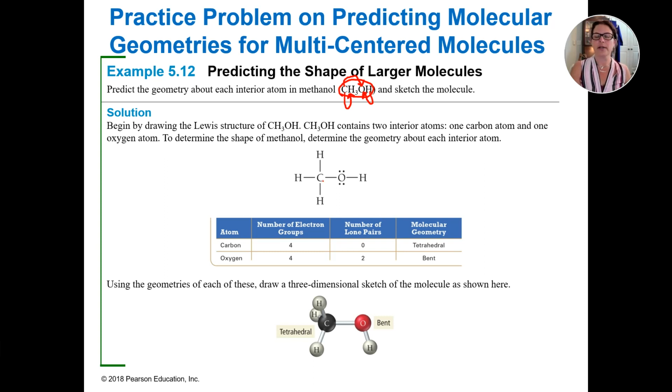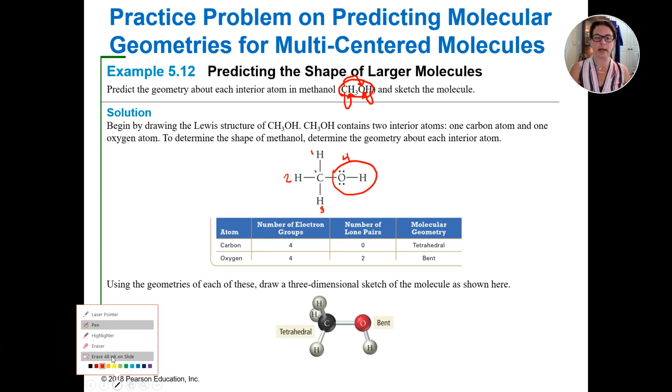That's what that means. So here's your carbon with 1, 2, 3, 4 attachments. So it is going to be tetrahedral for electron pair geometry and molecular shape.